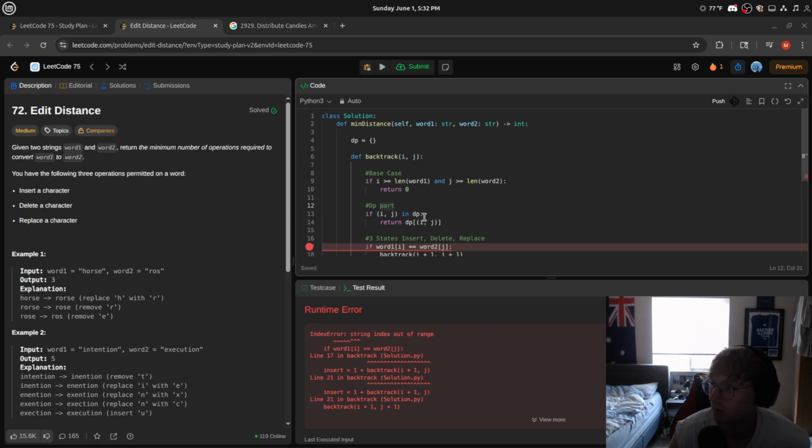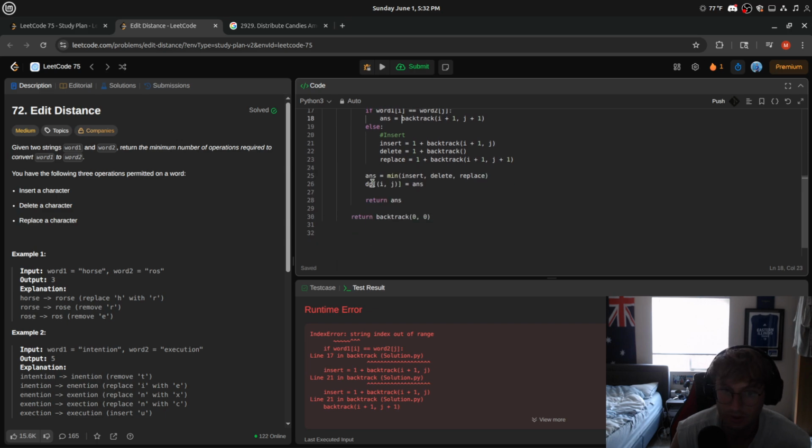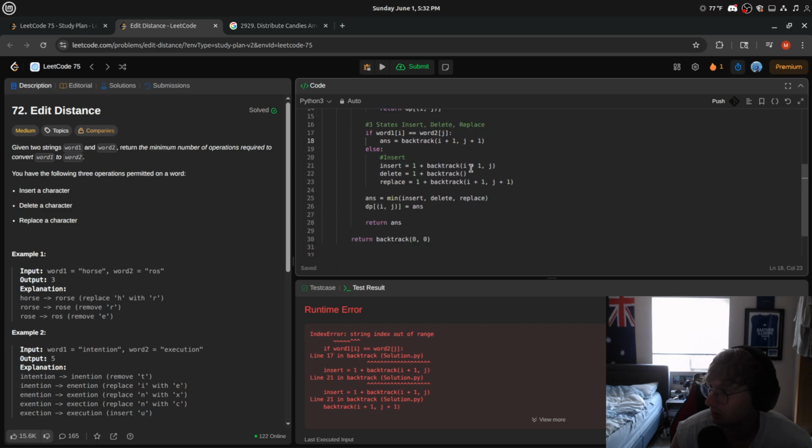Damn, we were really close in the way we were thinking about it. We got dp[i][j]. We have if word1[i] is equal to word2[j]. Whoops, we should have done ans is equal to backtrack(i+1, j+1), right? We did our inside correctly. Oh, no, it was the other way. We would go from i. Why would it be j plus 1, though?